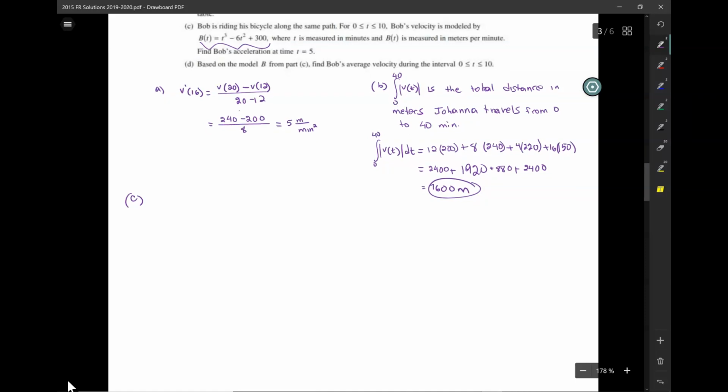So acceleration is B prime of t, and that's 3t squared minus 12t plus, that's it. B prime at 5 is 3 times 25 minus 60. 15 meters per minute squared.